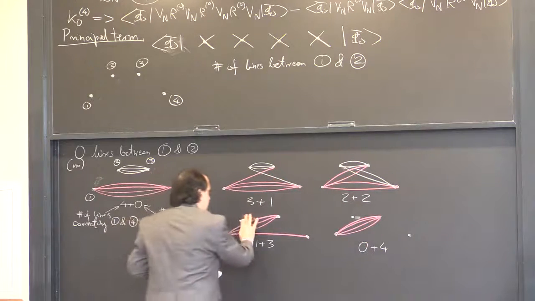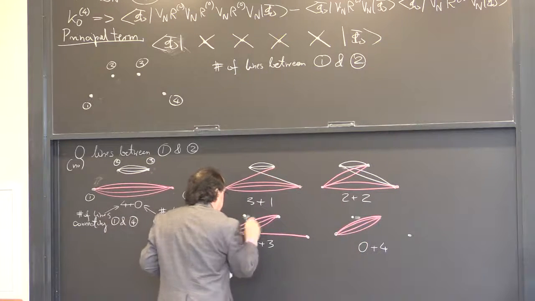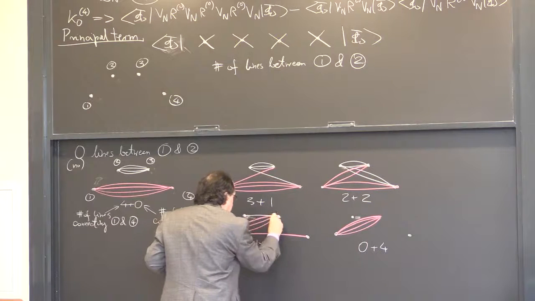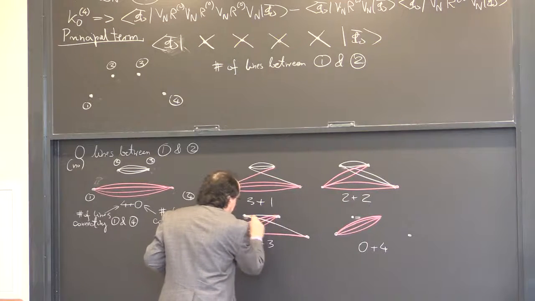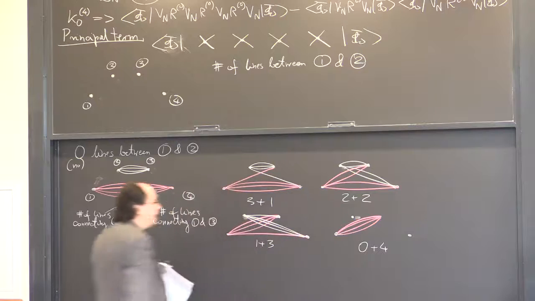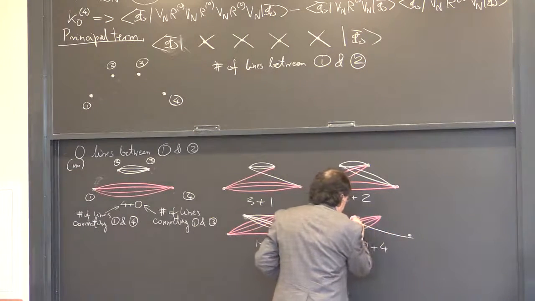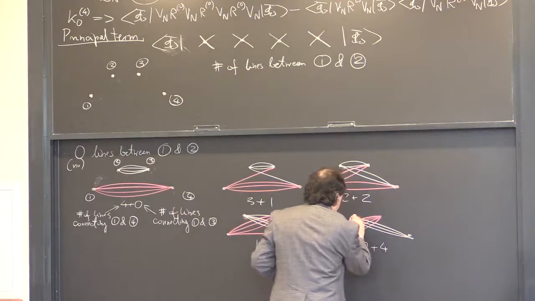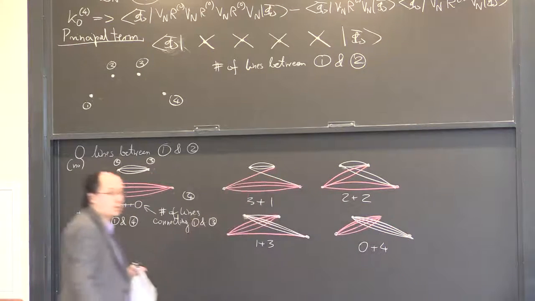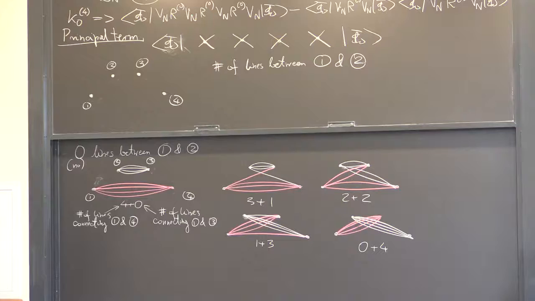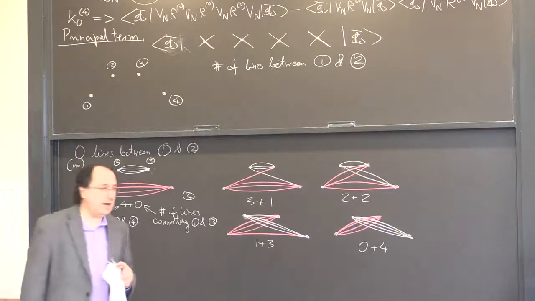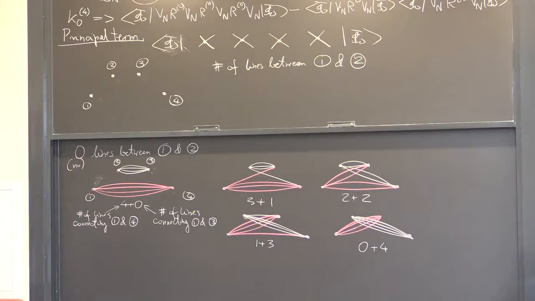Here, put a little bit further away, 1 line going here and 3 going here. And then the last one will look like this: vertices 1 and 3, as well as 2 and 4, are connected with 4 lines.